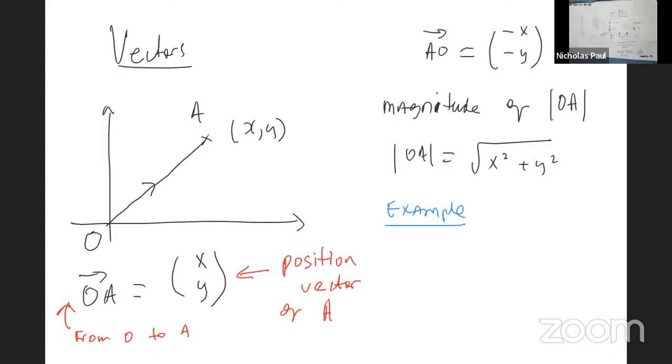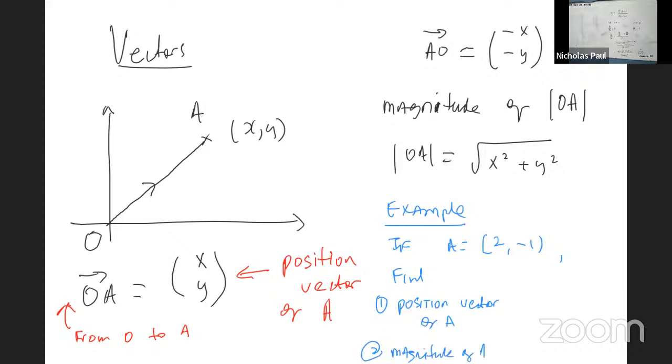Ready? Let's try a small example now. If A is equal to (2, -1), let's find 1) the position vector of A and 2) the magnitude of A. I don't have much space, but it's really easy.